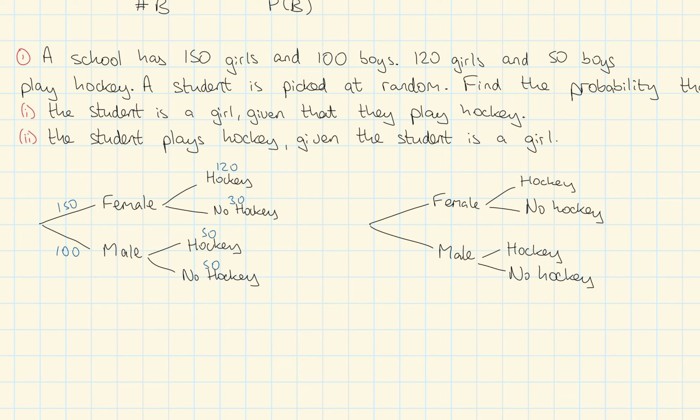Okay, so for the females, there's 250 students in total. So it'll be 150 divided by 250, which gives me 0.6. And then for male, that means 0.4. And if they're a female and play hockey, it'll be 120 play hockey divided by 250 again, gives me 0.48.